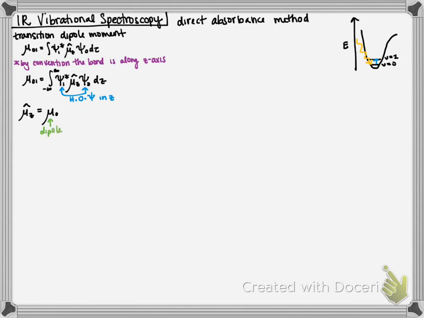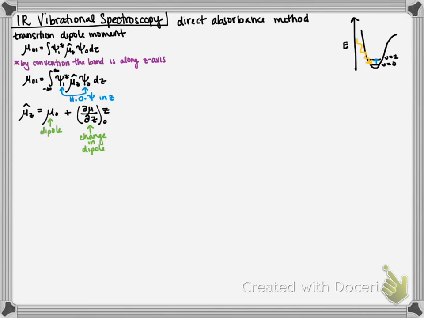The first term is mu0, which is simply the resting dipole, or the equilibrium dipole. Our second term is the change in dipole with respect to z, so this partial derivative of mu with respect to z, evaluated at z equals 0. That's what that subscript 0 means. It means evaluated at z equals 0, times z.